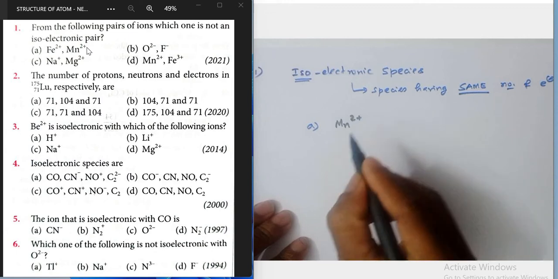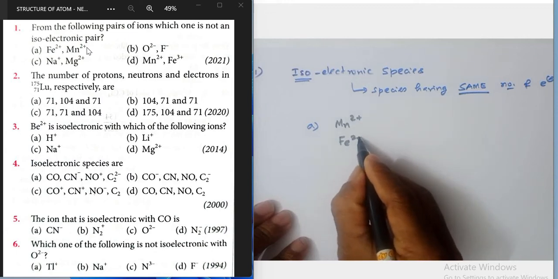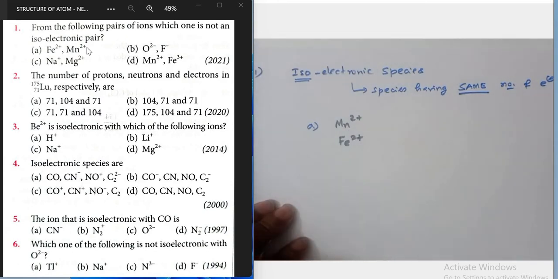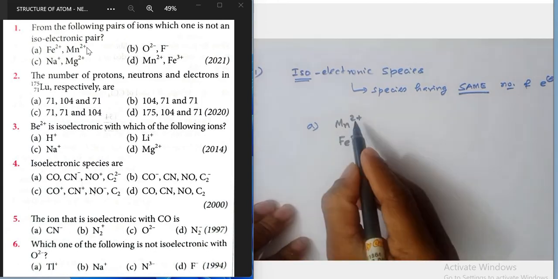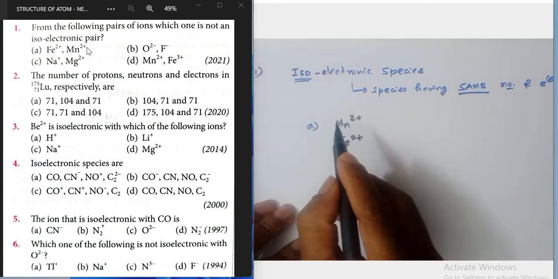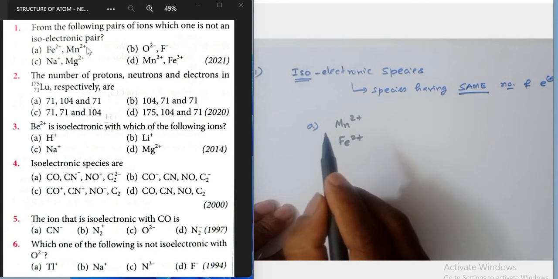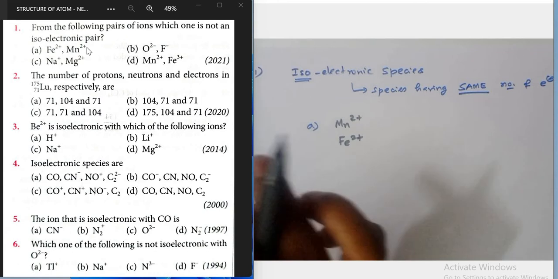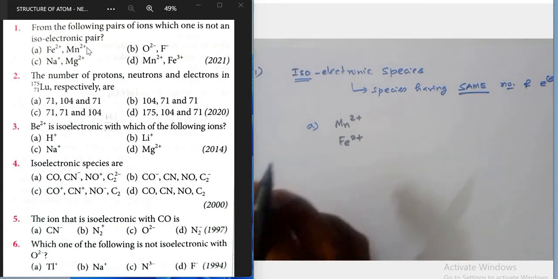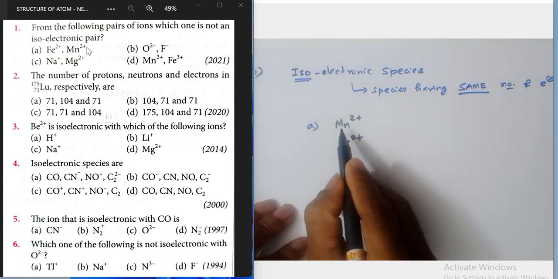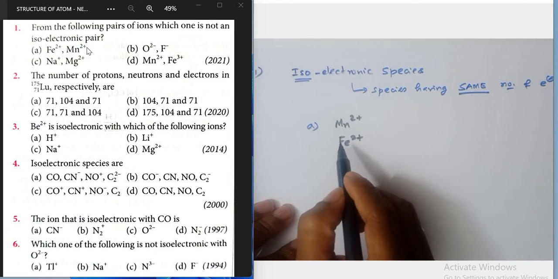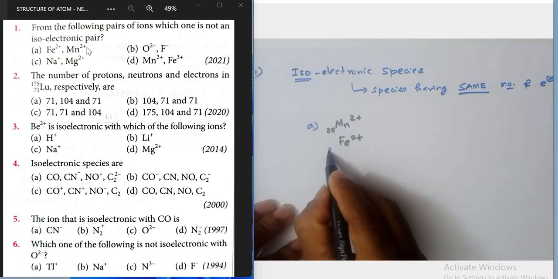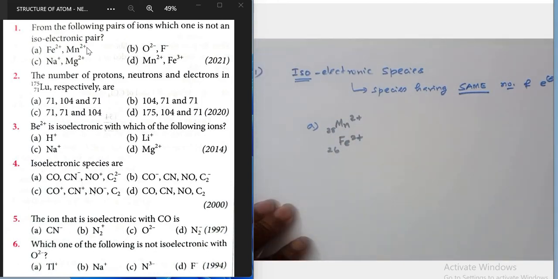Manganese atomic number is 25, right? Atomic numbers you should remember, at least for the first transition series in the d block. Manganese and iron both belong to d block elements. For manganese the atomic number is 25 and for iron the atomic number is 26.